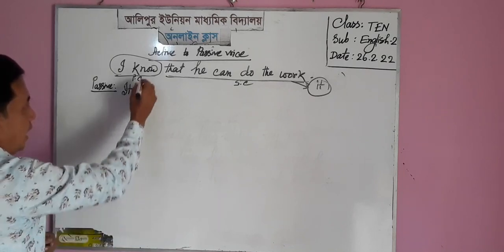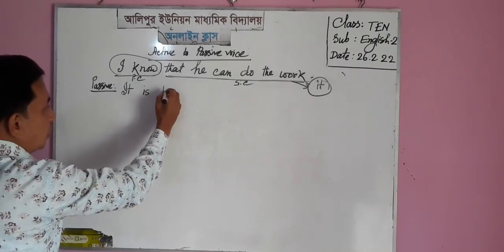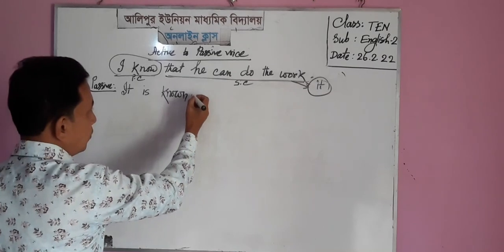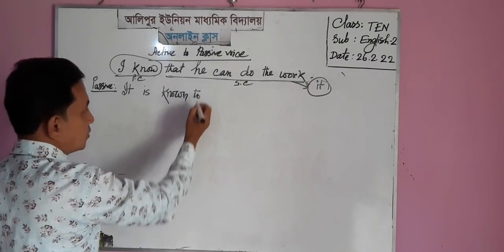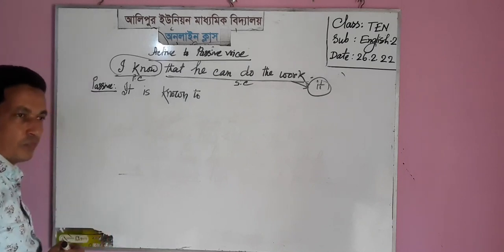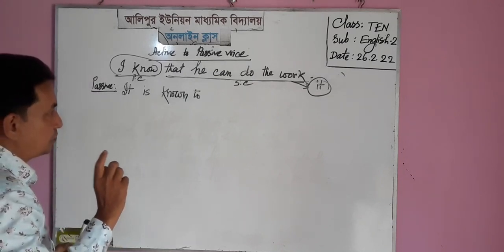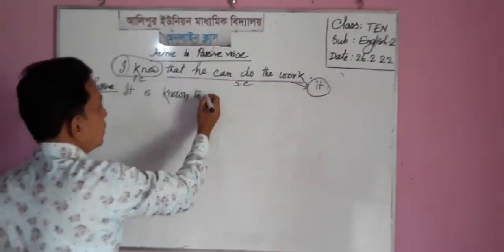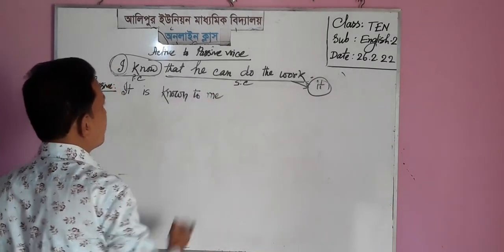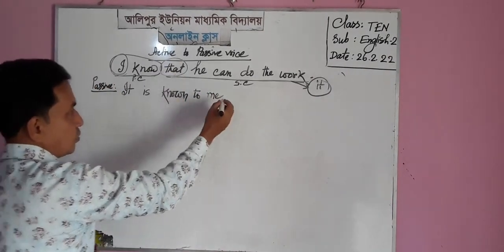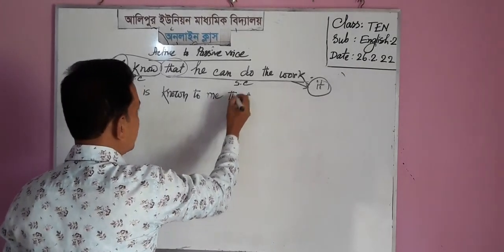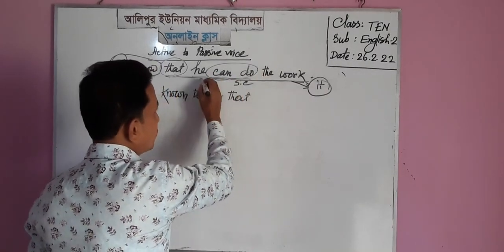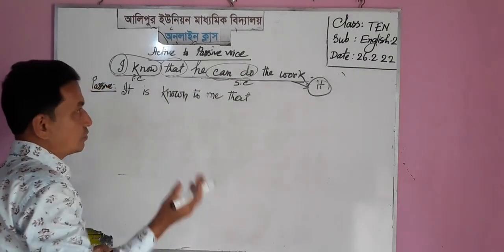So it is known. The past participle form of know is known, and we have to write to, not by, because after the verb know the preposition must be to. So it is known to, and the object form of I is me, and that is a conjunction, so that will be written here: it is known to me that. This part also has a finite verb, a subject and an object, so this part will also be changed.